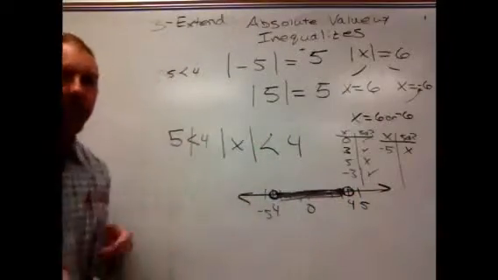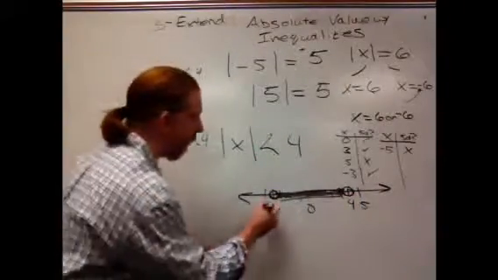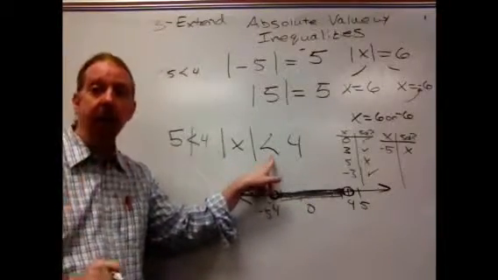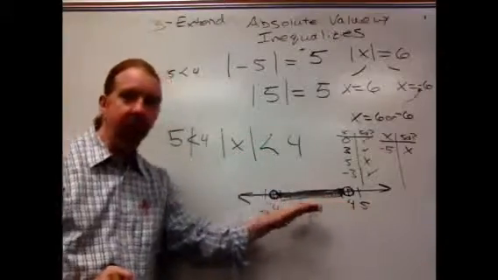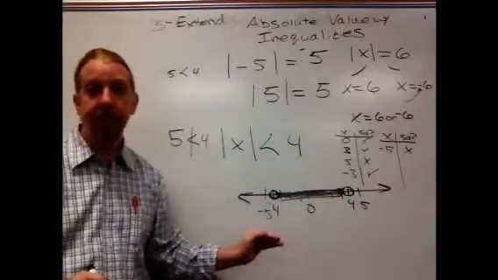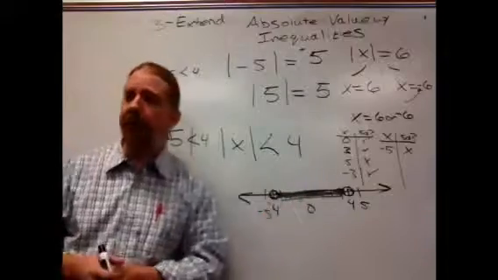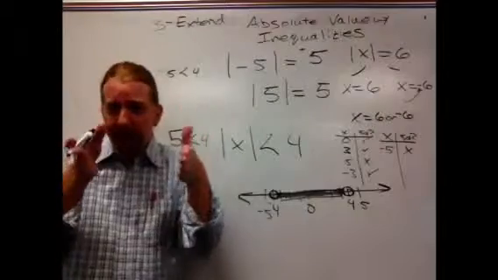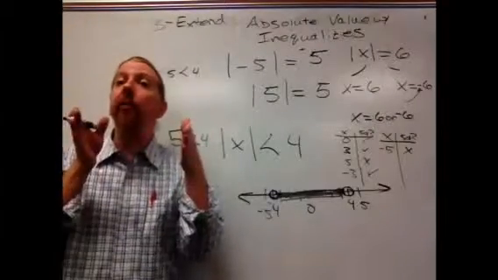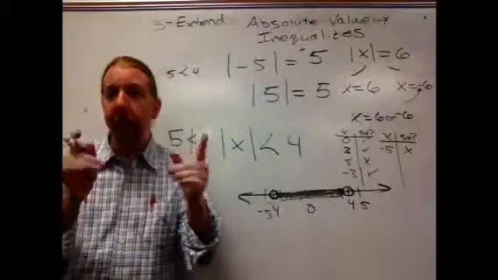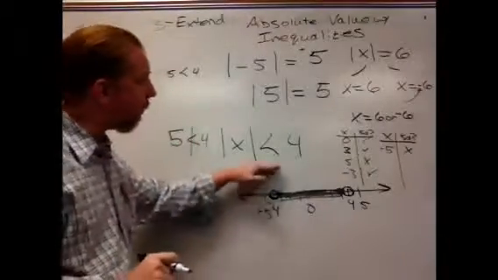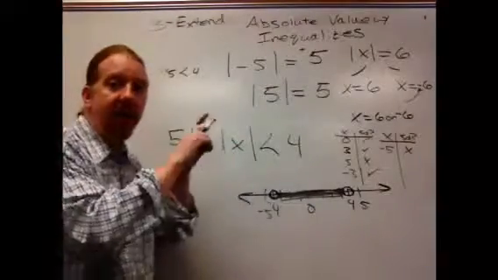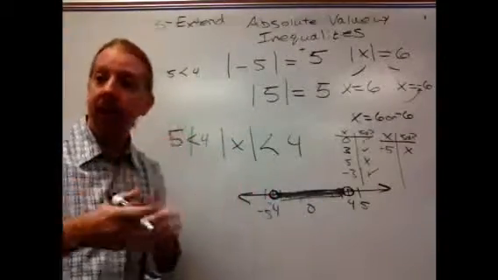As I check more of these numbers and think about what's happening, I'm going to see that all the numbers between 4 and -4, but not including them, because it's only less than, not equal to, make this true. Now it looks like a compound inequality we've talked about. When I'm working between two barriers, I use the word and. So, one way I can write this inequality, I can take this absolute value off, I can split my two cases, like we're used to.